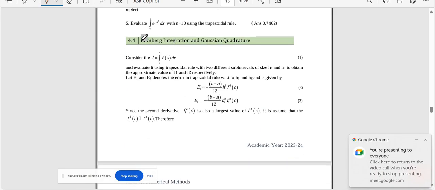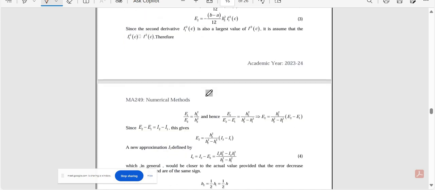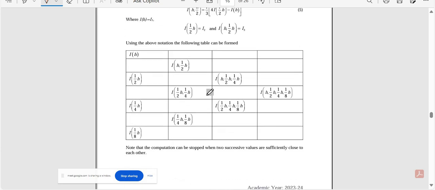Section 4.4 is Romberg integration and the Gaussian quadrature formula. In Romberg integration, I am not going into the theory, but you can see here this very important table. I of h is based on your given h.